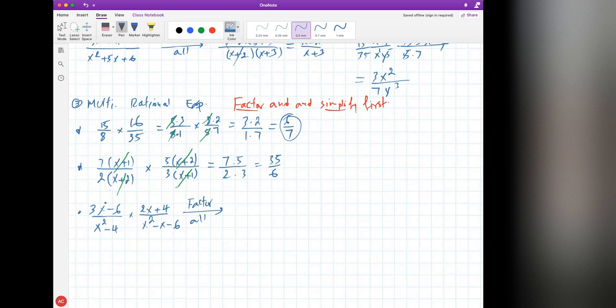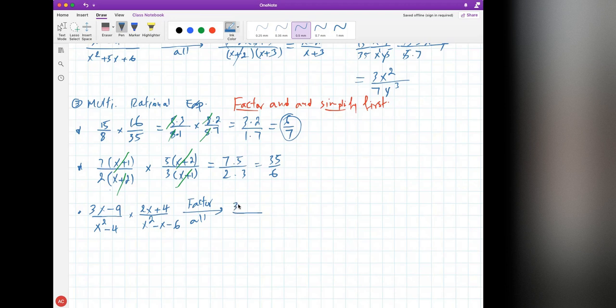So the first one, what do we get if you factor the first one? 3x minus 2. So that's right, it will be 3x minus 2. Let me actually make this one a 9 instead.